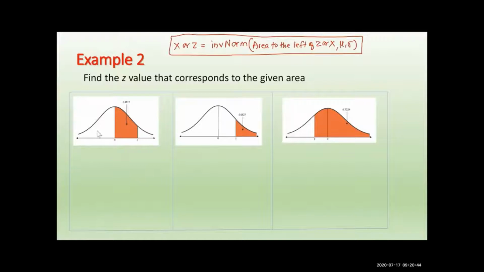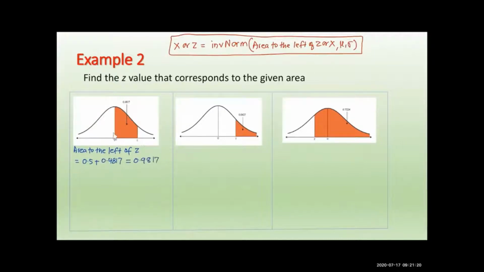Because the total area is 1, this is half of that. So this area is 0.5. So the total area to the left of the z score will be 0.5 plus that. So first we are going to find that area to the left. Area to the left of z is equal to 0.5 plus 0.4817, which is equal to 0.9817.